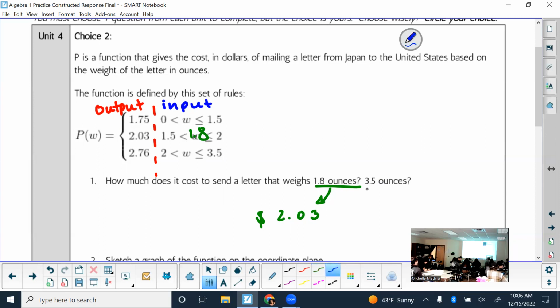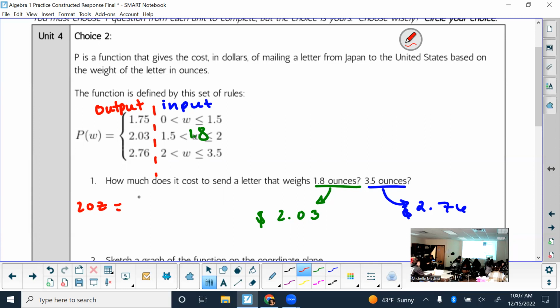What about the 3.5 ounces? Good. Now that one, pretty straightforward. What if they ask for like 2 ounces? So 2 is listed twice. It's listed up here and over here. How do you know which one to use?